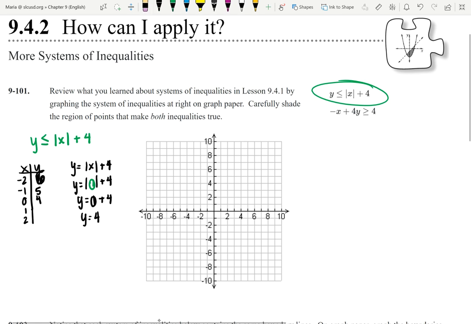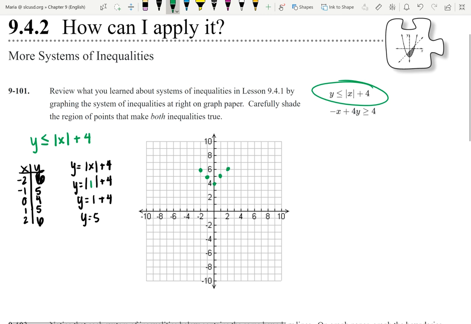If you plug in 1, the absolute value of 1 is 1, and 1 plus 4 is 5. If you plug in 2, you're going to get 6. Okay, so if we plot these points, -2, 6, -1, 5, 0, 4, 1, 5, 2, 6, we can see that V shape form.